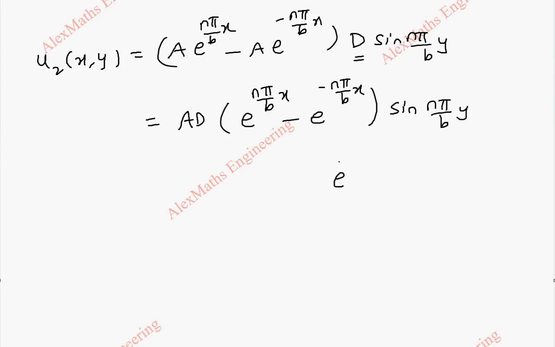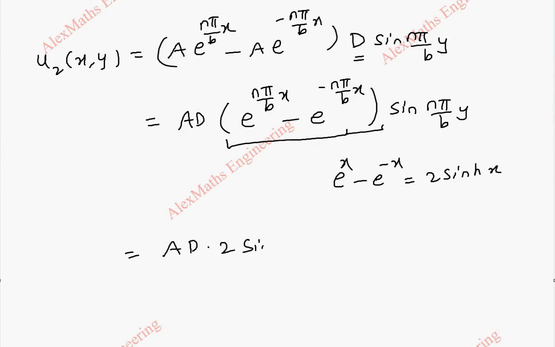And we have a formula, e power x minus e power minus x is 2 sinh of x. So AD into this whole term is going to become 2 sinh of n pi by b x, then sin n pi by b y.